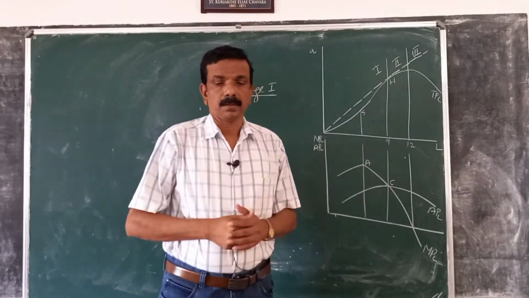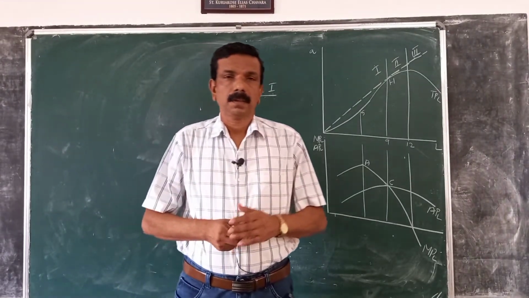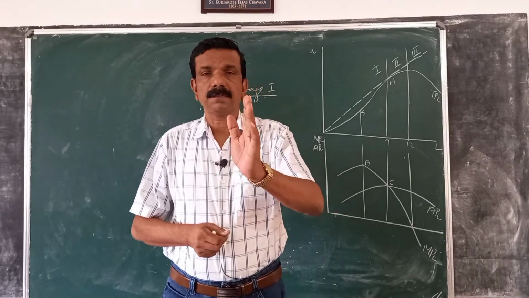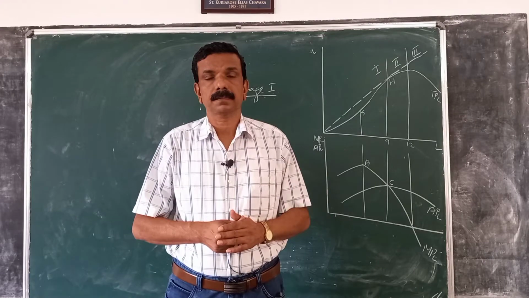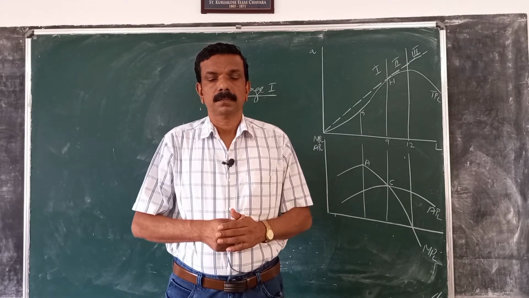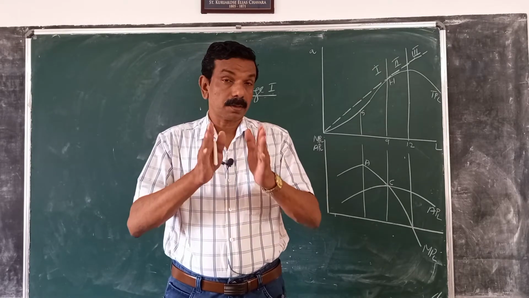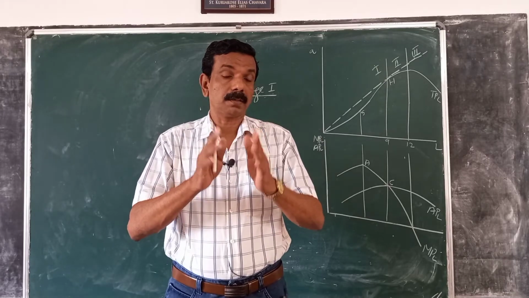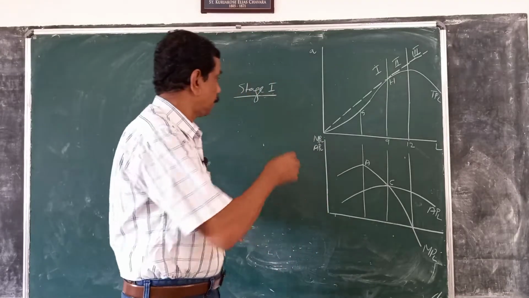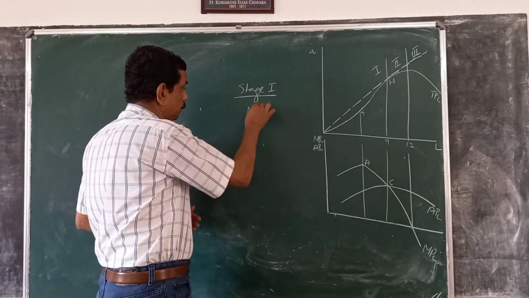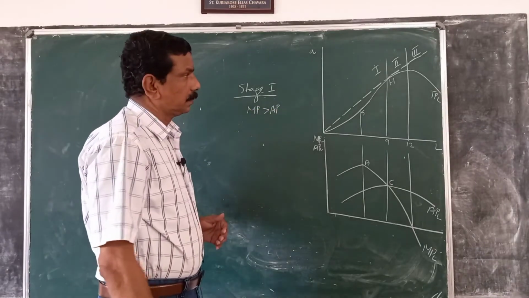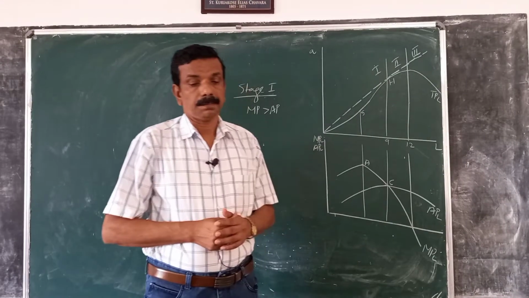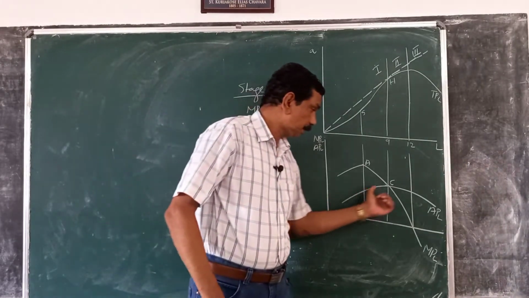Stage 1 includes a portion of the marginal product curve that is declining, and in this stage MP is greater than AP, so that AP is rising.